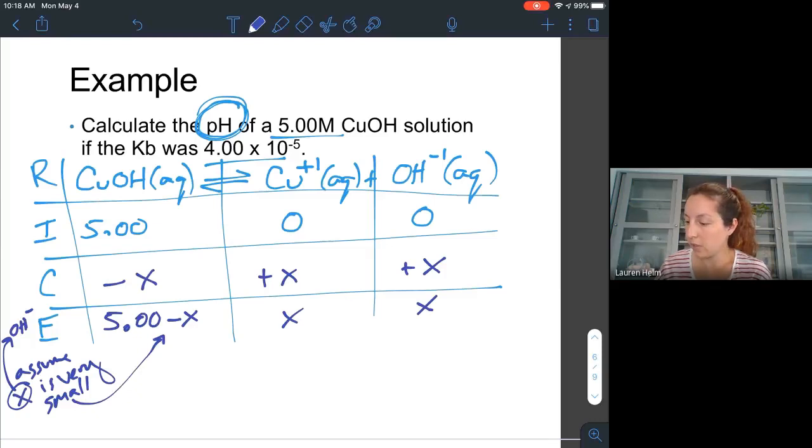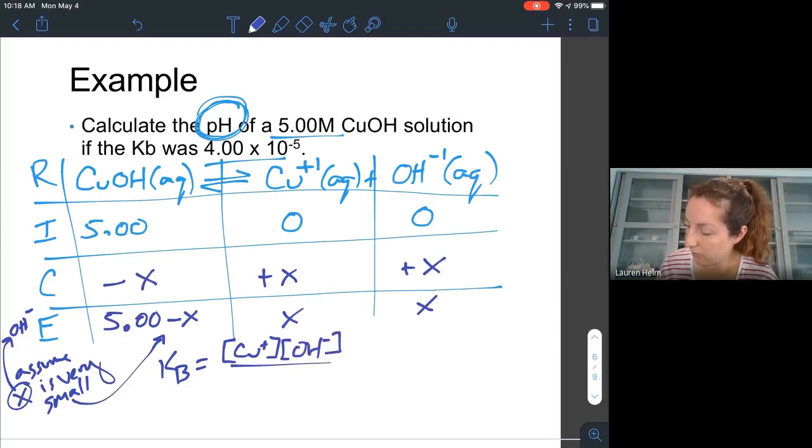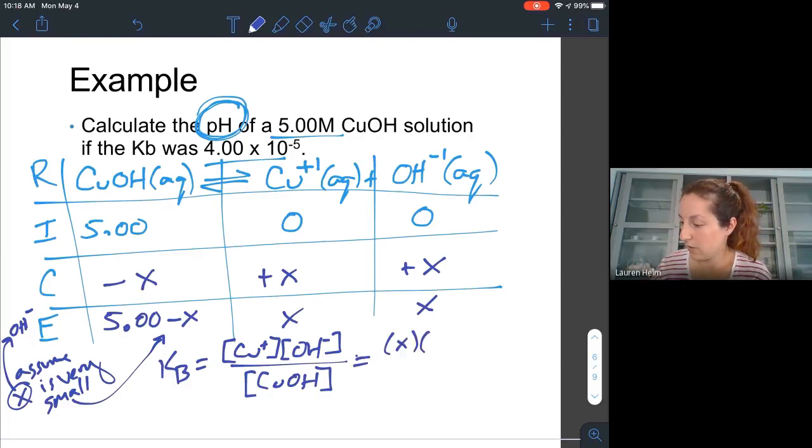So when I plug into my equilibrium constant of the base, products over reactants, copper ion times hydroxide ion over the reactant, copper hydroxide, that's going to be X times X, or we can just write X squared over 5.